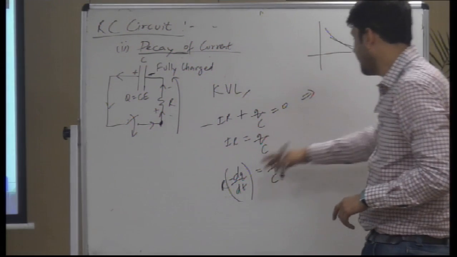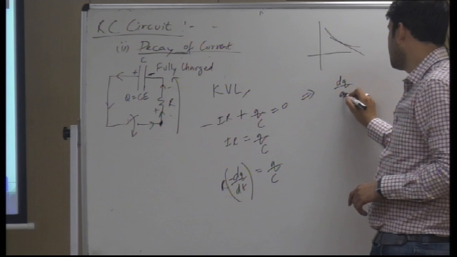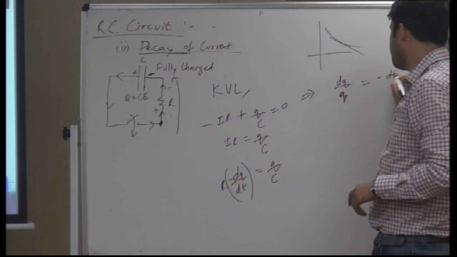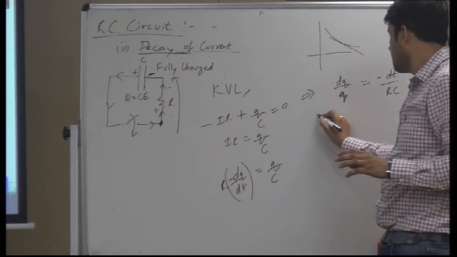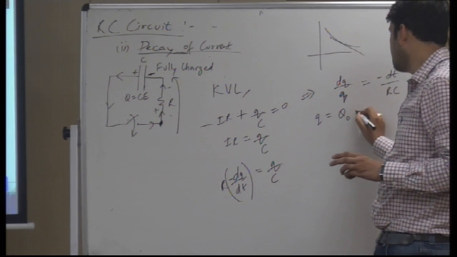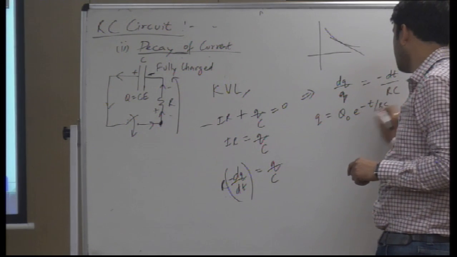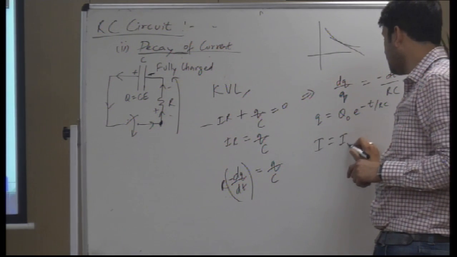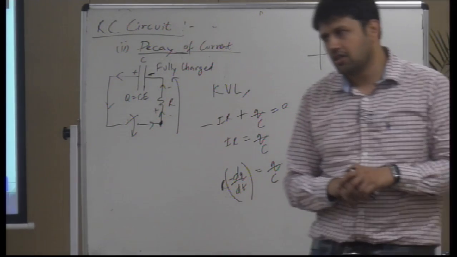Again you can see that it would be dQ by Q is equal to minus dt by RC. You can integrate it and so on. I'll just write the results. Q is Q naught, where Q naught was CE, e raised to minus t by RC. Current I is equal to I naught e raised to minus t by RC. ठीक है?